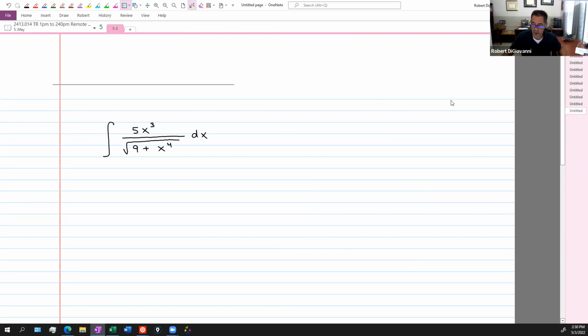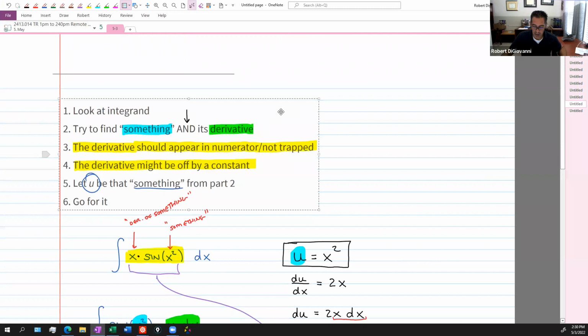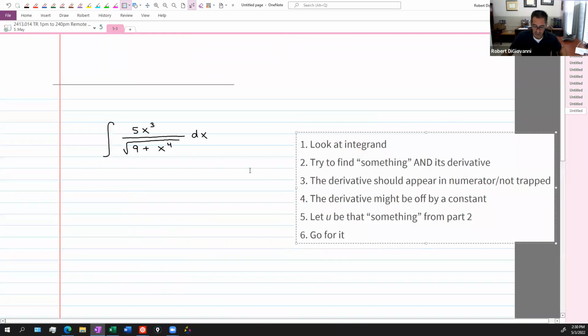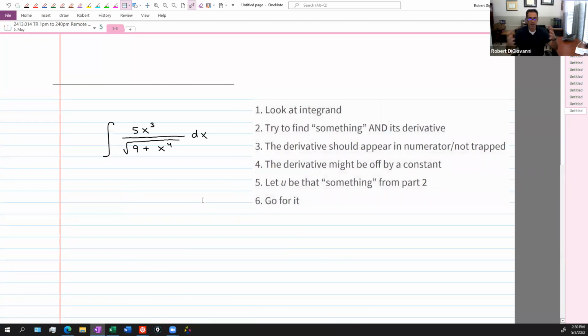I'm going to let you sit here and think about this while I go refill my very strong drink. Look in there, see if you can figure out what u should be. Try and figure out if you see something and its derivative is there.